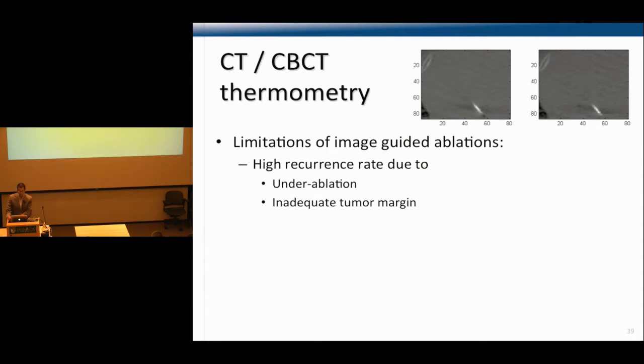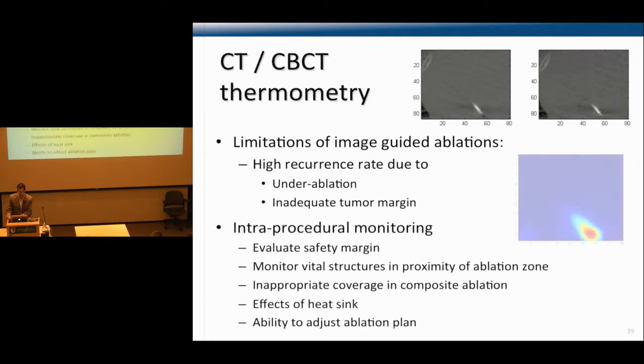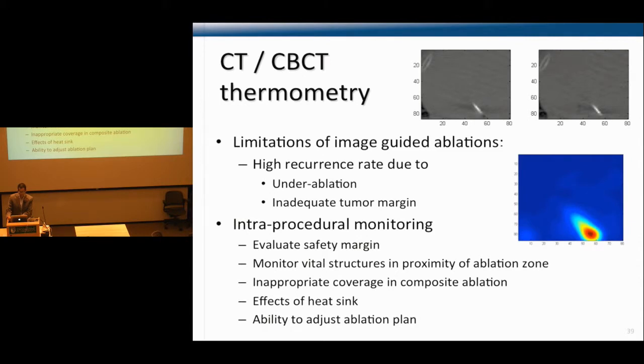So one research question that we ask is whether it's possible to have intraprocedural monitoring during the procedure, and not wait a few days for the patient to have a contrast-enhanced CT scan, to see if there's still presence of tumor and the patient has to go back.